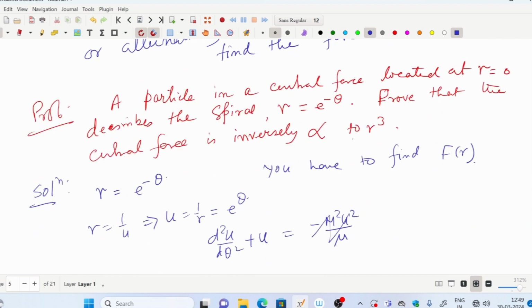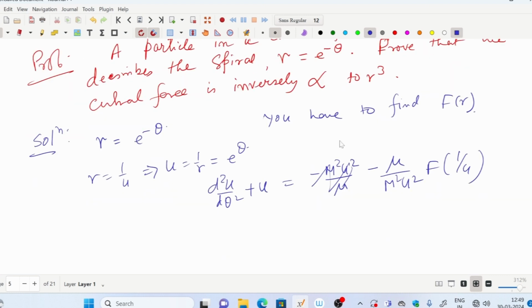So let me write minus mu m square u square f of 1 over u. Okay. So this is u equal to e to the power theta.